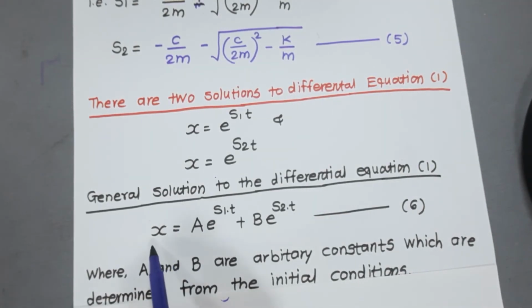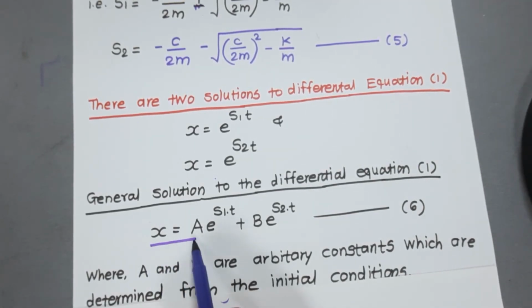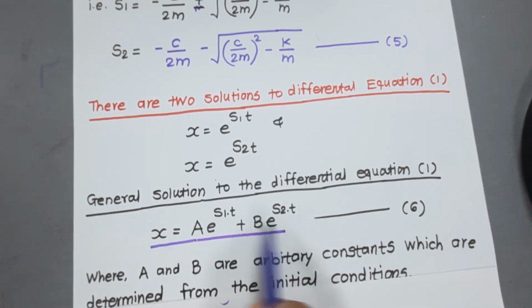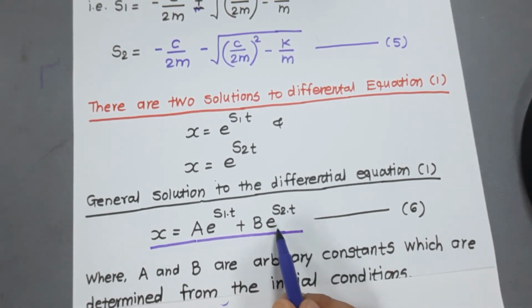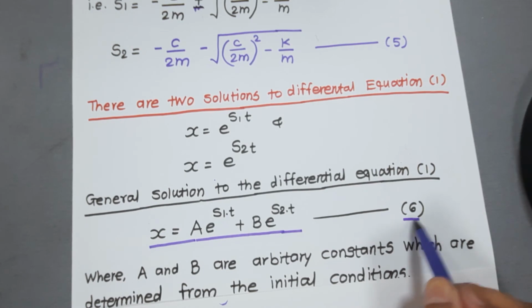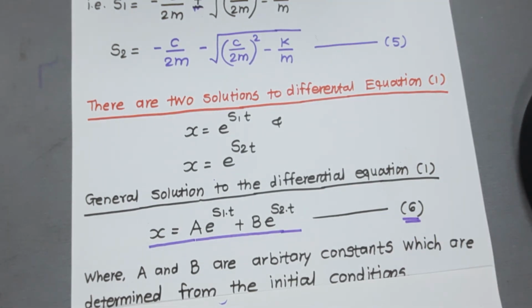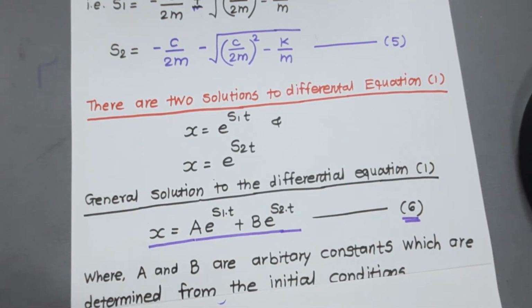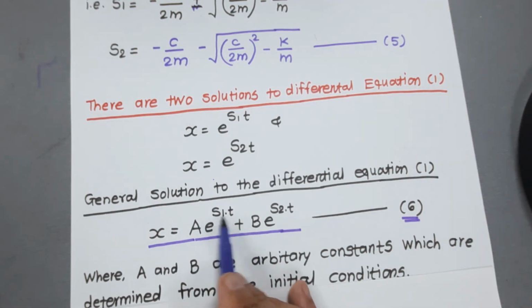There is a formula: x is equal to capital A times e raised to S1t plus capital B times e raised to S2t. This is equation number 6. And dear friends, this equation number 6 is called the general solution for equation number 1, in the form of S1 and S2. We have calculated this S1 and S2 here.